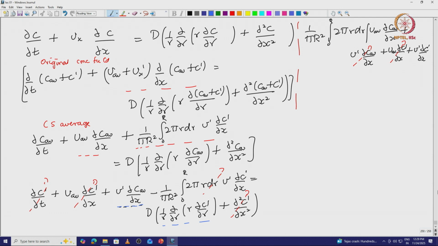Based upon the approximation that the concentration variation is much smaller than the average concentration, I had neglected partial C prime by partial x in comparison to partial C average by partial x. Note that V prime is not small compared to V average. V prime is V minus V average, which is 1 minus 2 r square by R square.